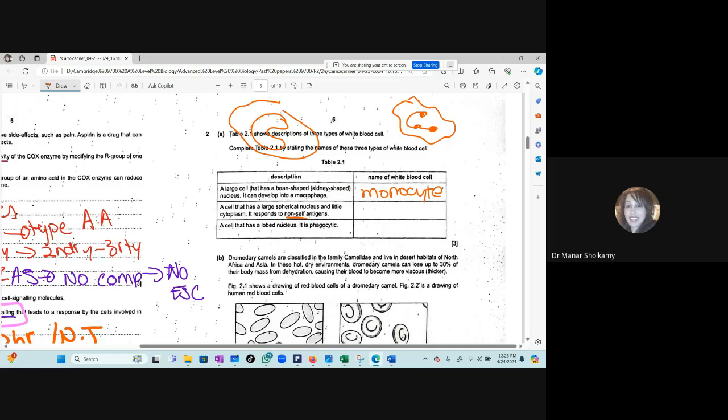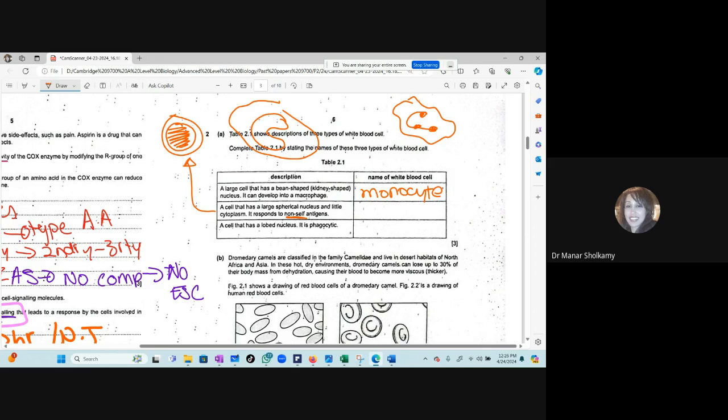Okay? A cell that has a large spherical nucleus and little cytoplasm and it responds to non-self antigens. Immunity. Which one has a large nucleus that occupies most of the cell? It looks like this. The lymphocyte or the monocyte or the neutrophil? Come on. Immunity.